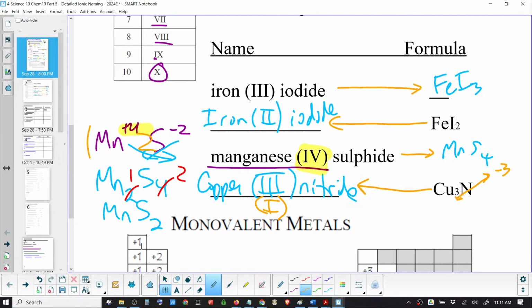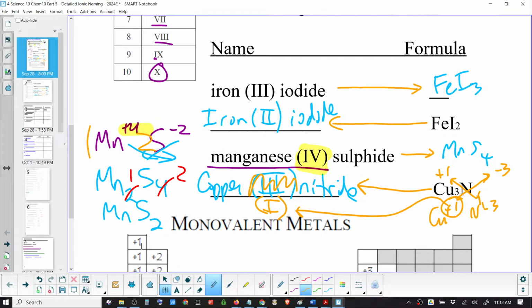What secret number is here beside the nitrogen? 1. So we uncrisscross it, and we get copper plus 1 and nitrogen minus 3. Secrets. So then it's copper 1. Does that make sense? You just agreed for no reason.